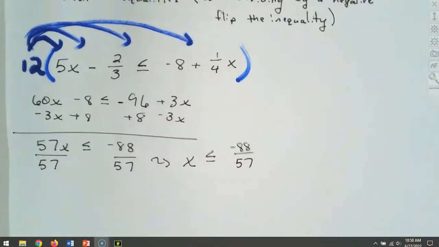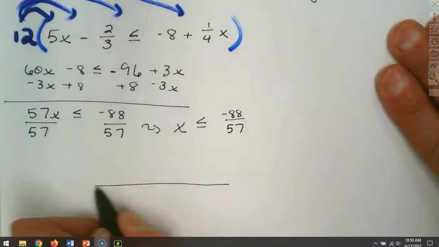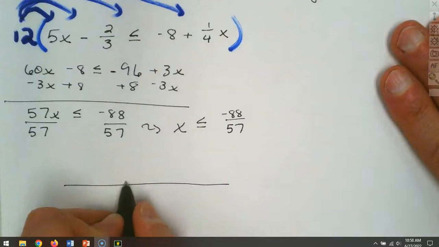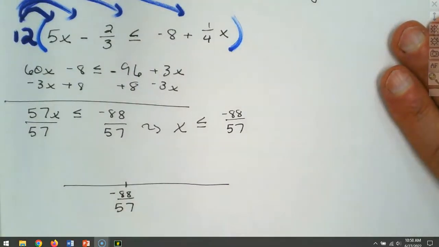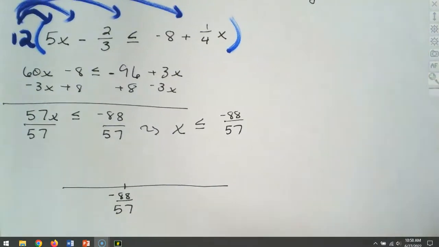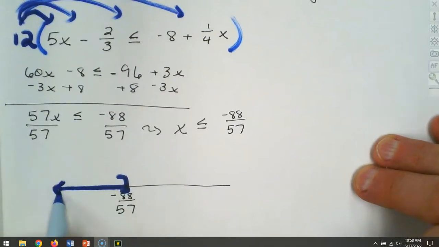Okay. How do we write our answer? Interval notation. We need a negative 88 over 57. We want a square bracket. Which way does it point? Right? It points back to the left. So we need a square bracket. And it's going to go back to the left because that's the way that it points.